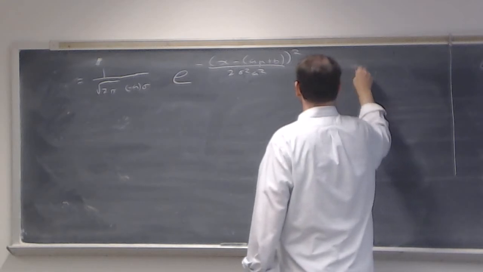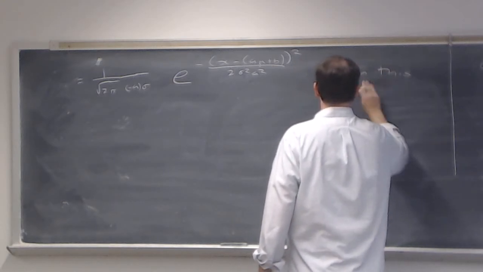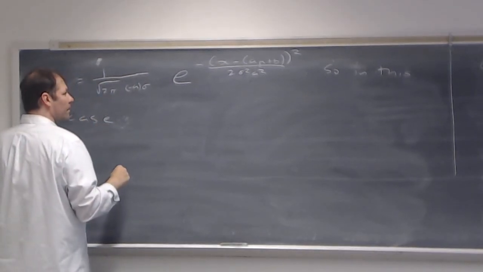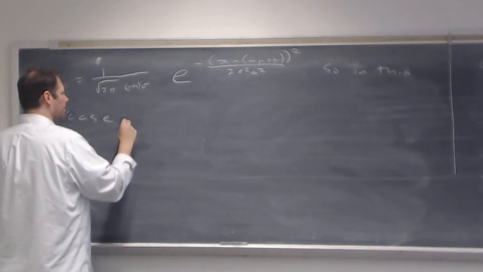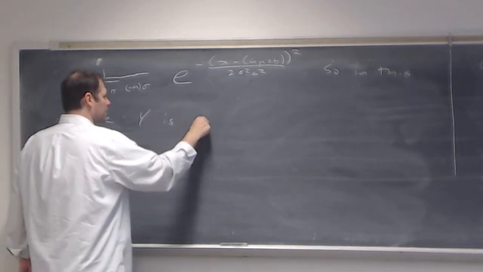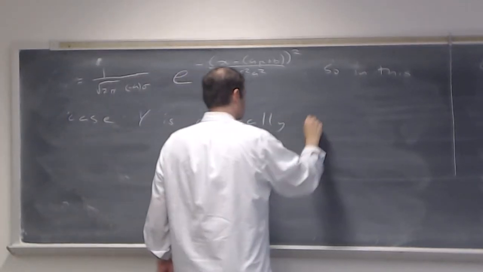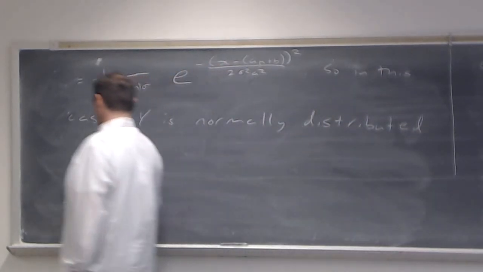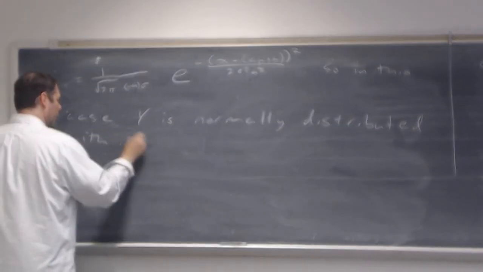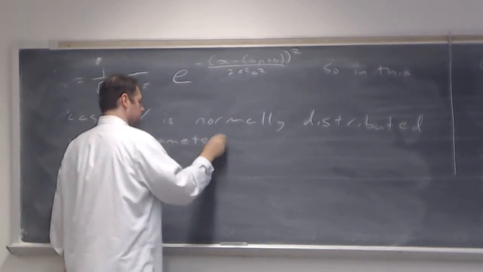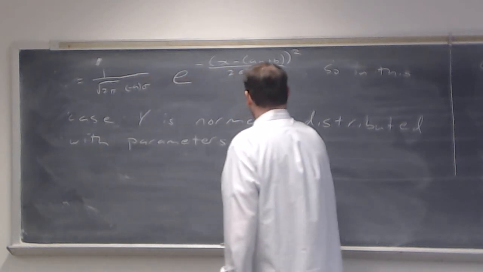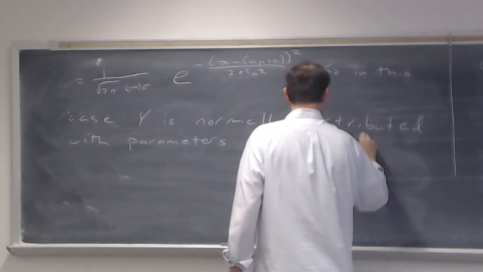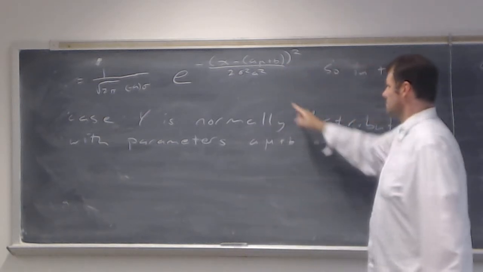So in this case, y is normally distributed with parameters a times mu plus b and a squared times sigma squared.